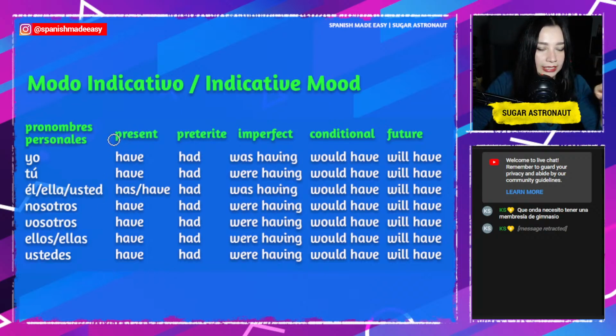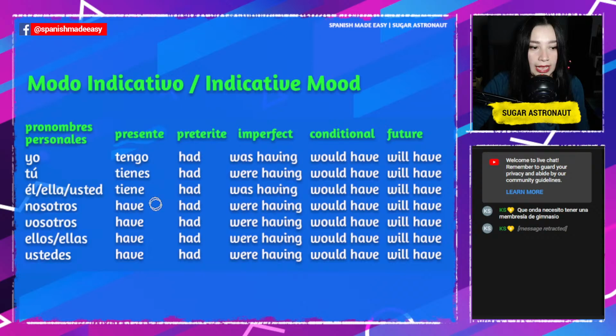Okay, so let's go over the present tense or el tiempo presente. Yo tengo, I have. Tú tienes, you have. Él tiene, he has. Ella tiene, she has. Usted tiene, you have. Nosotros tenemos, we have.